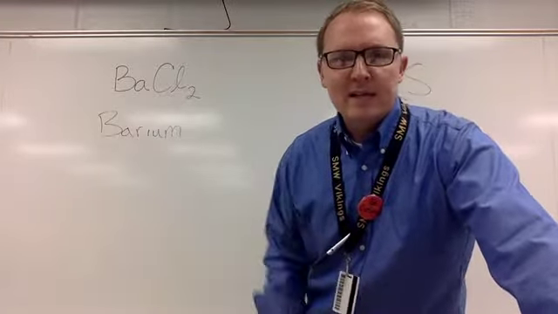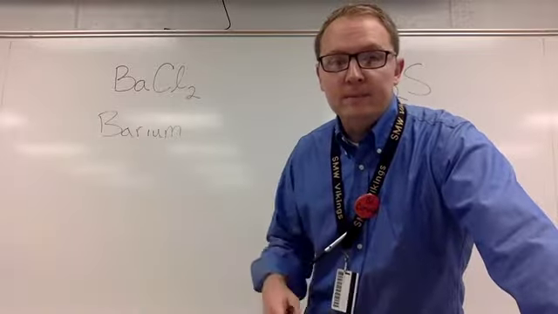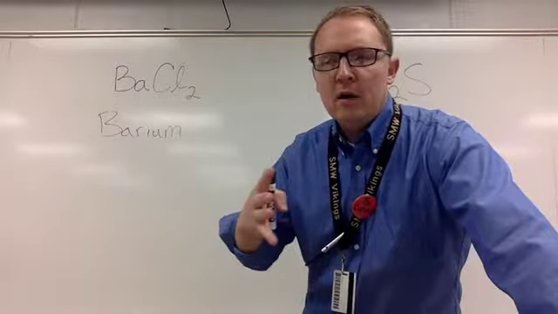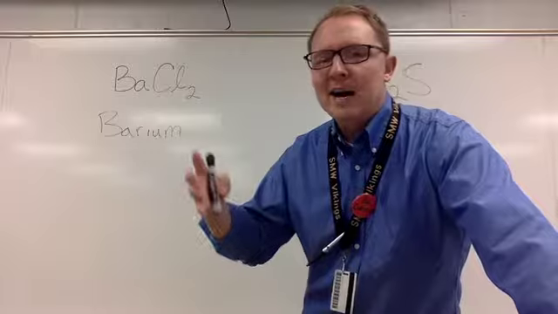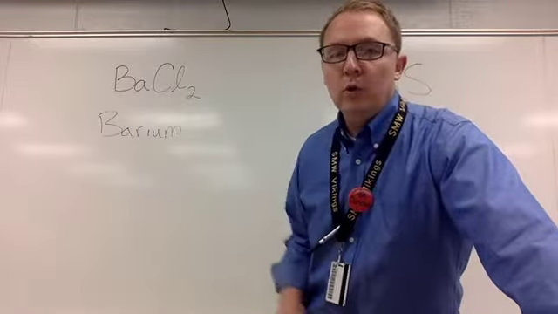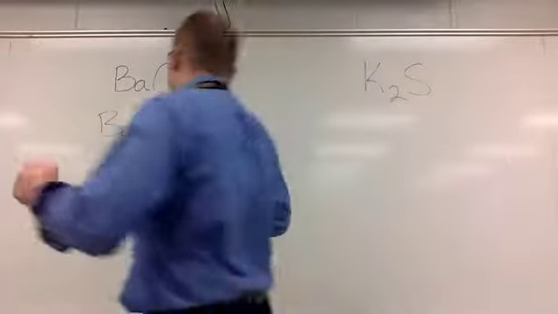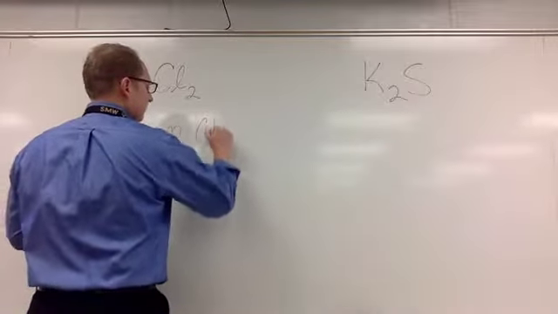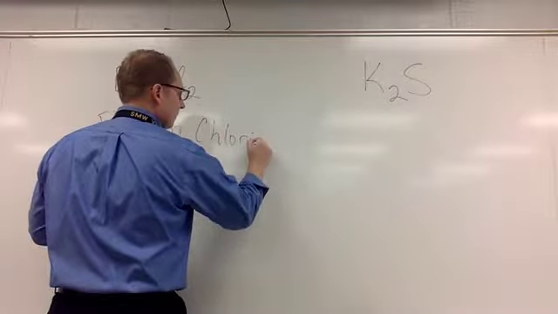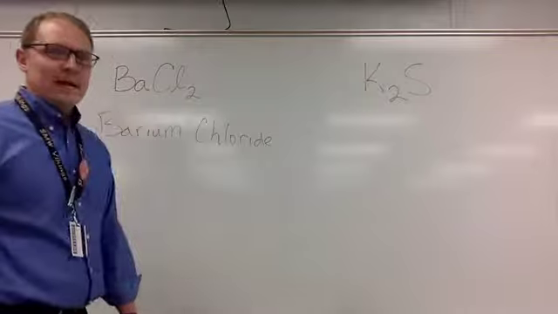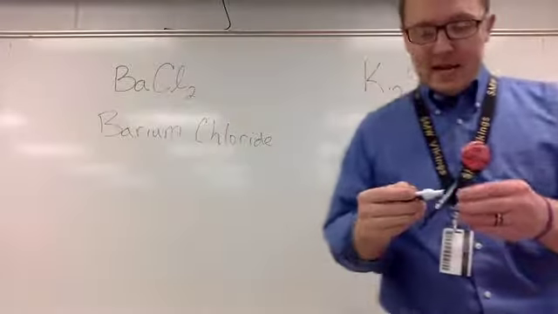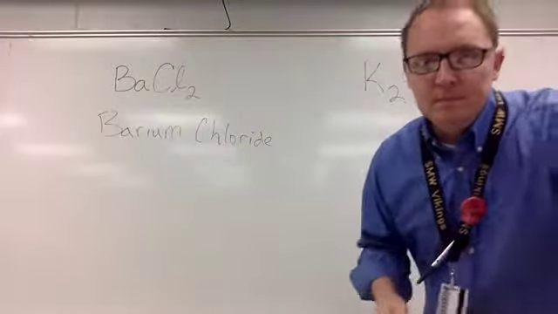We want it to click and sound right for you. It's chloride. You're taking chlorine, taking off the existing ending and putting an IDE ending. So chlorine changes to chloride. Just like that, barium chloride is the name of that compound now.